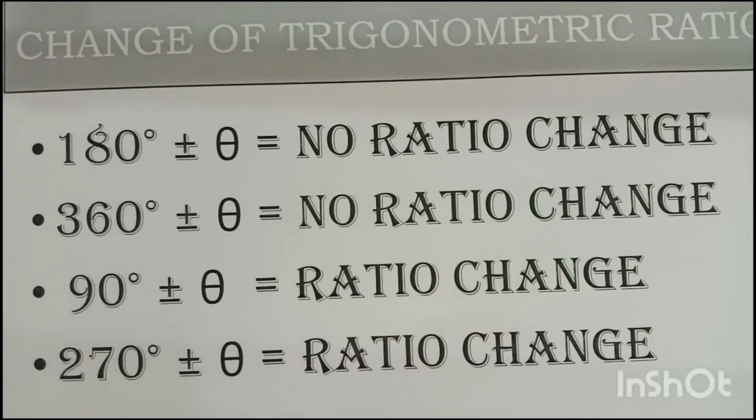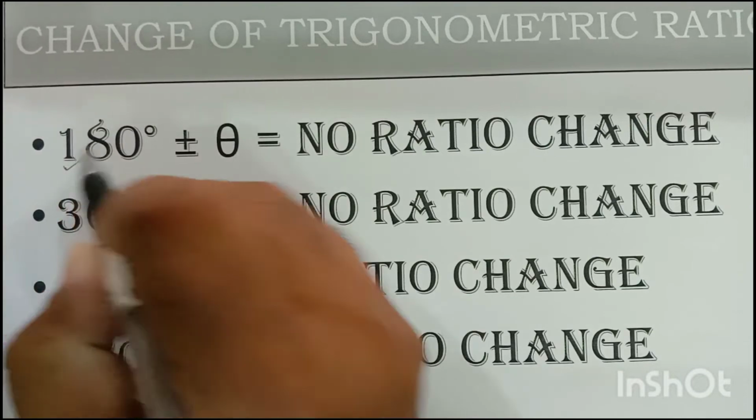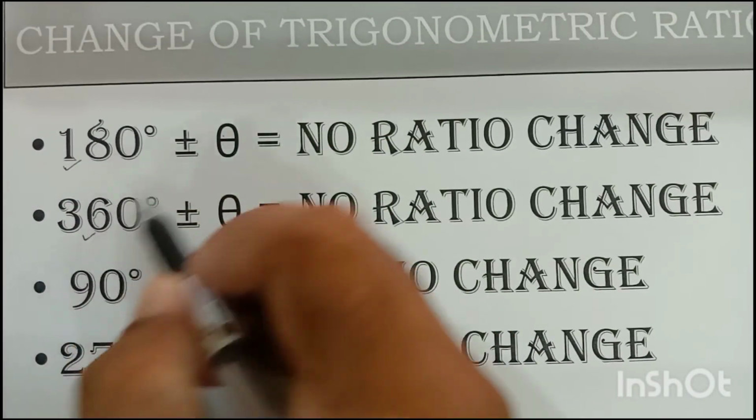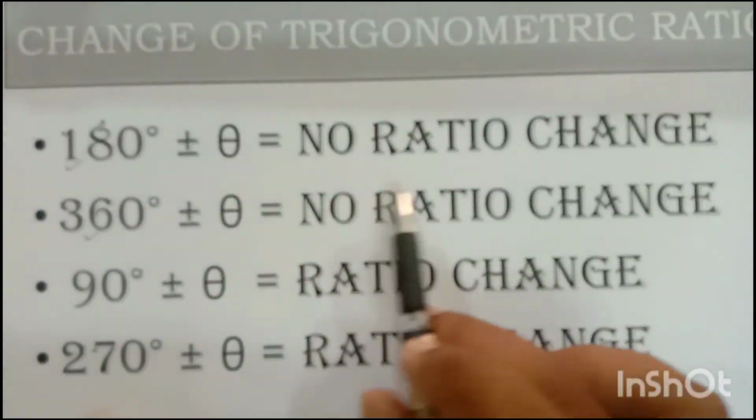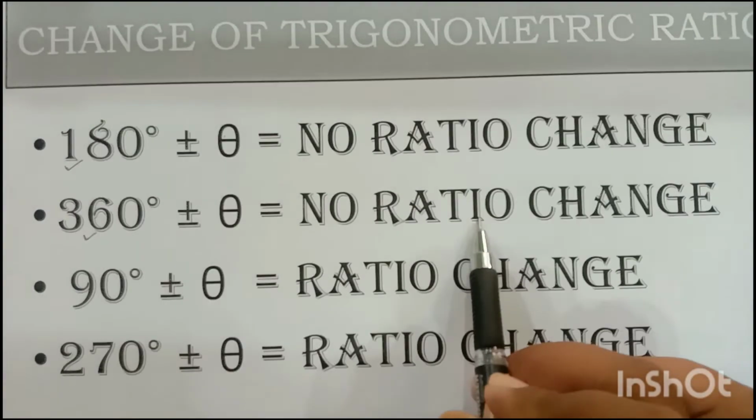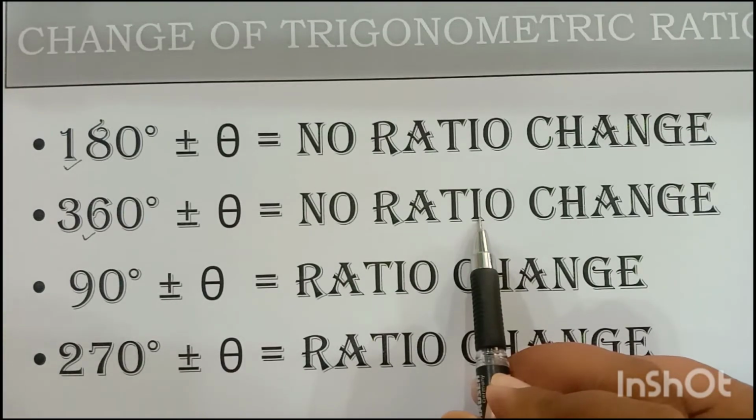Now let's see how the trigonometric ratios change when we express them in the form of 180 degree plus or minus theta, 360 degree plus or minus theta. Then the ratios do not change. For example, if we write sine 225 degree as sine 180 degree plus 45 degree, then the ratio remains sine itself.